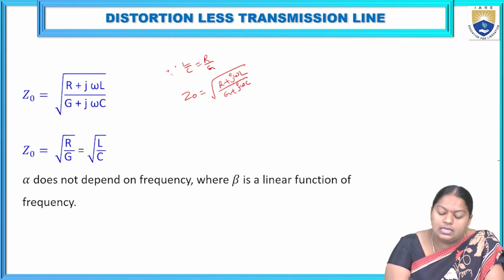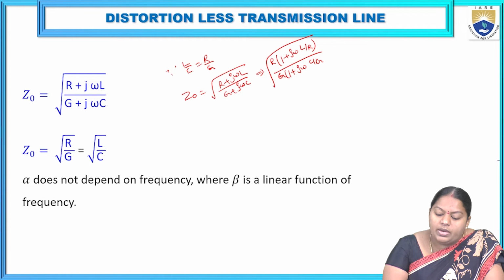Z0 = √((R + jωL)/(G + jωC)). Now, if we take R as common from the numerator, we get 1 + jω(L/R), and if we take G as common in the denominator, 1 + jω(C/G).